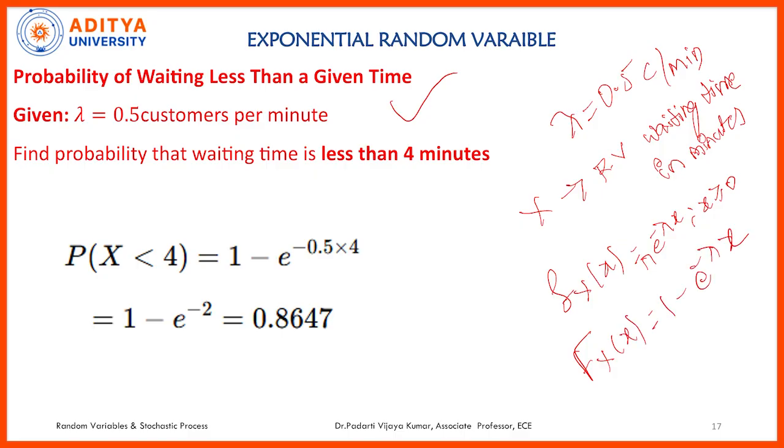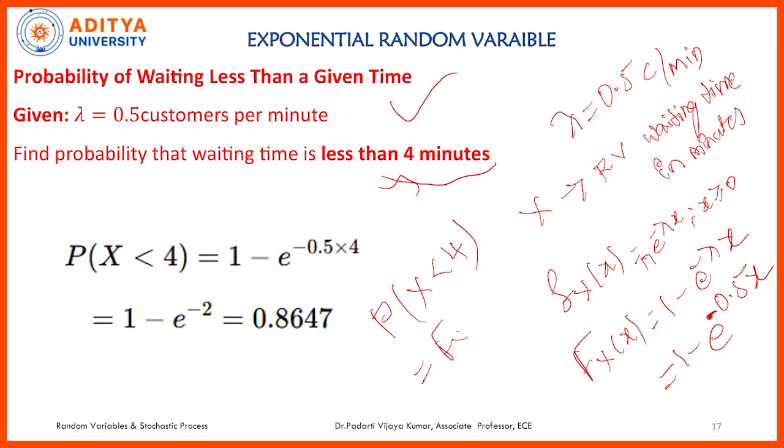Given lambda is 0.5 customers per minute, the distribution function will become 1 minus e power minus 0.5 x. Now, the question being asked is, what is the probability that the waiting time is less than 4 minutes? Clearly, this is nothing but the distribution function, the probability of x less than or equal to x.